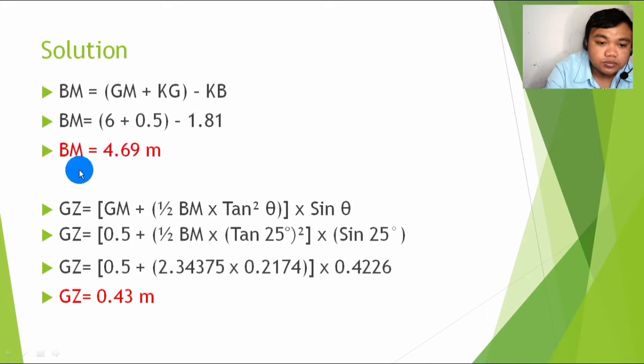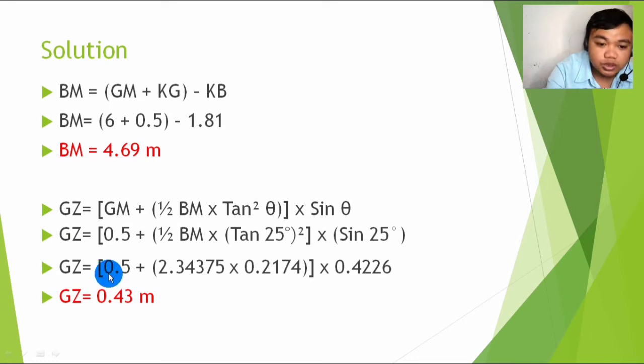Now since we have 25 degrees as the angle of heel, we could not use the small angle of heel formula, but instead the large angle. Okay, so just use the given values. So 0.5 plus open parenthesis 1/2 metacentric radius times tangent 25 degrees squared times sine 25 degrees.